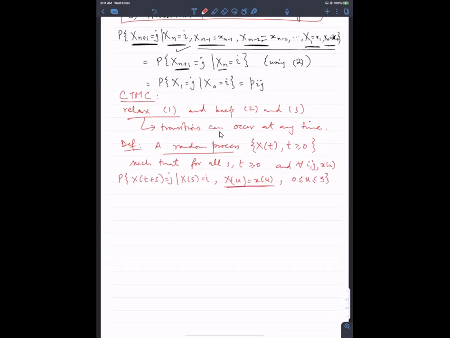So that means this is past and this is present. s is bigger than u, so s is more recent as compared to u. If X of s is given, then I don't need to worry about this X of u. So this would simply be equal to the probability of X of t plus s taking a value of j given X of s equal to i, which, as we mentioned above, is the same as X of t equal to j given X0 equal to i.